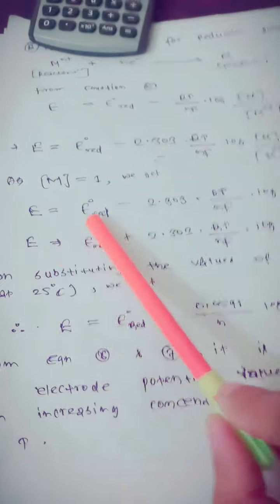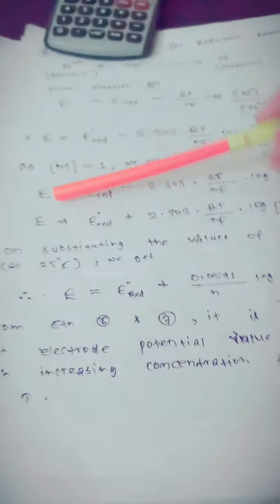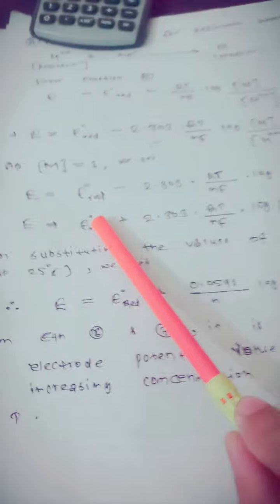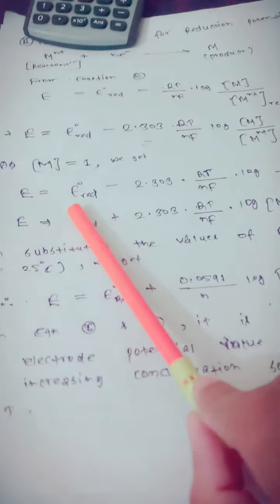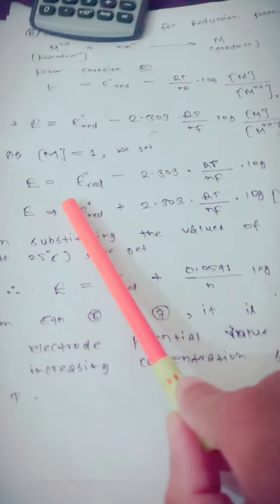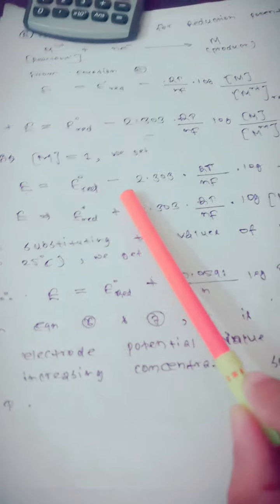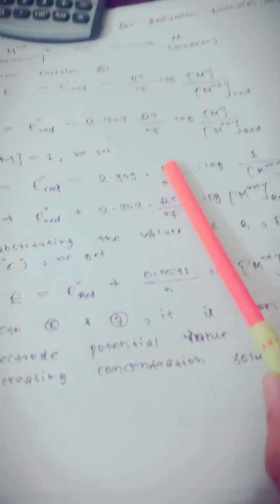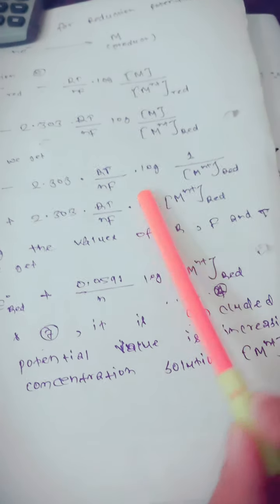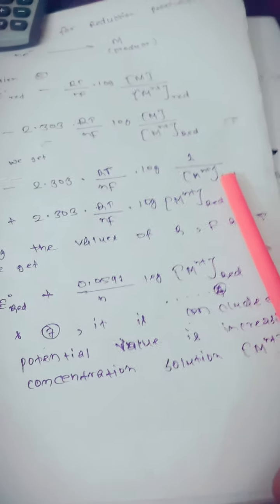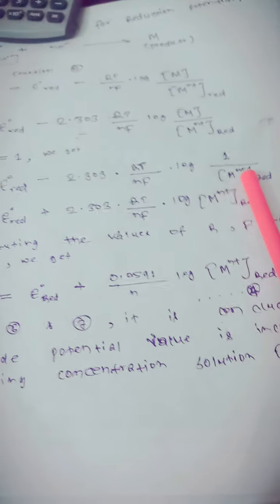So I am going to substitute this value in the previous equation. By keeping this value M equal to 1, my equation becomes like this: E is equal to E inert reduction minus 2.303 into RT by NF into log 1 by M power n plus reduction. Reduction, because I am doing it for the reduction potential, and this is my reactant.